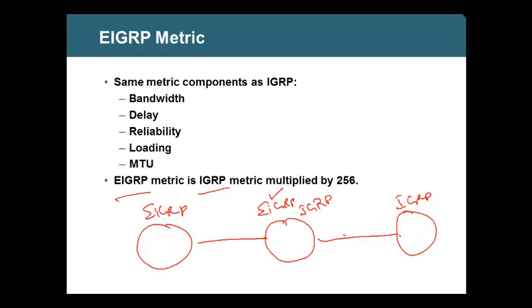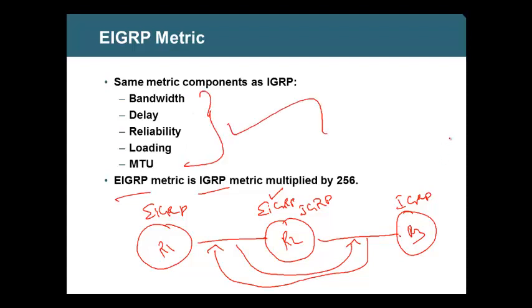The redistribution will happen automatically between IGRP and EIGRP, because they both use the same metric. Only the metric bit is different.